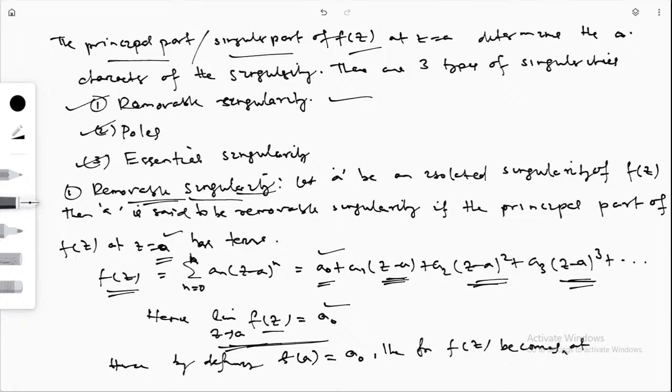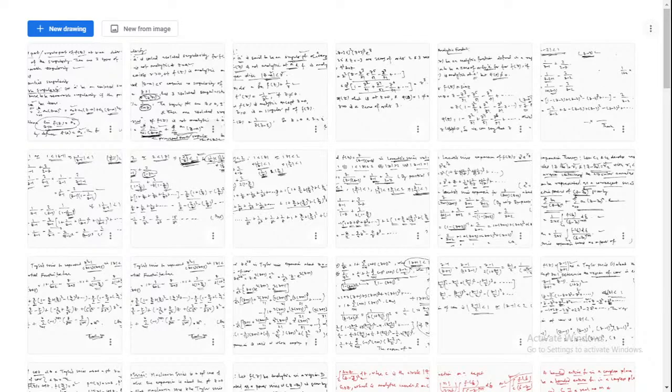So if a is a removable singularity, then by defining f of a equal to a naught, the singularity can be removed. Okay, now go to the next page.